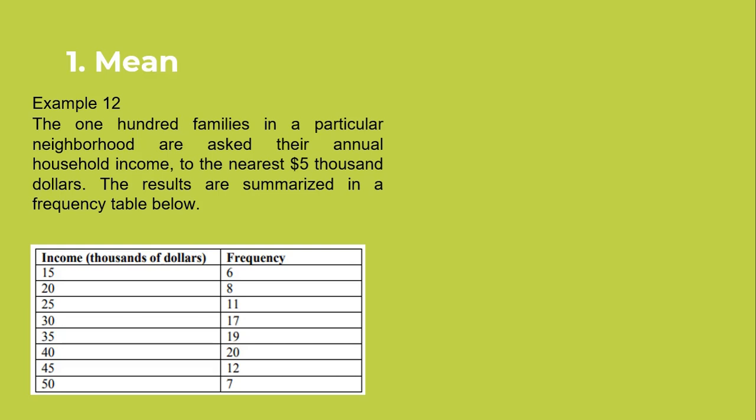Six households have an income of $15,000, and so on. 15 occurred six times, 20 occurred eight times, and then 25. If you list that one, 15, 15, 15, 15, 15, 15, then 20, 20, it gets very long.